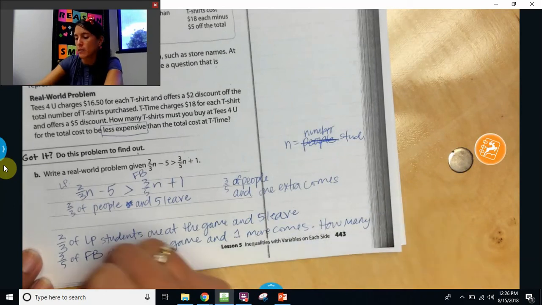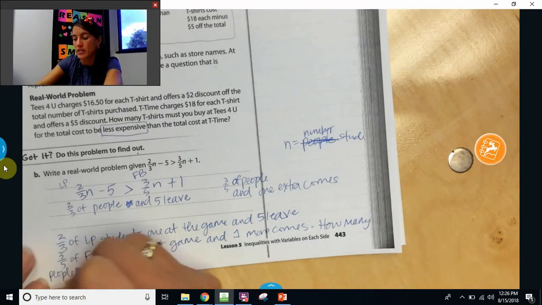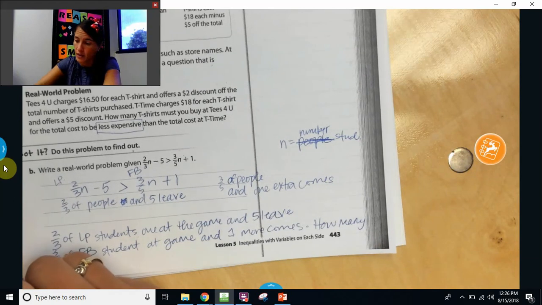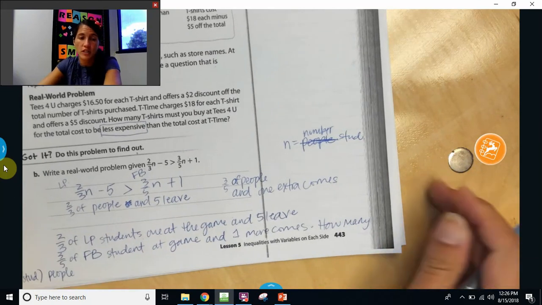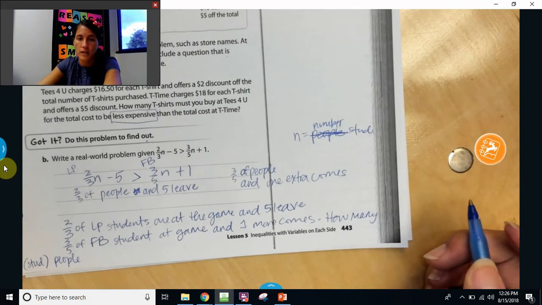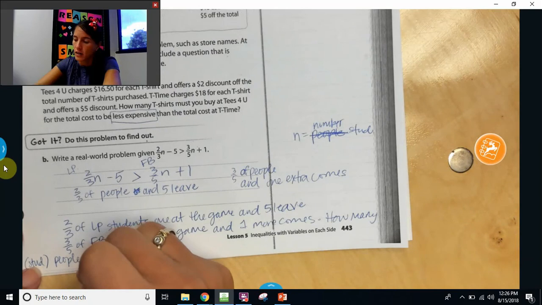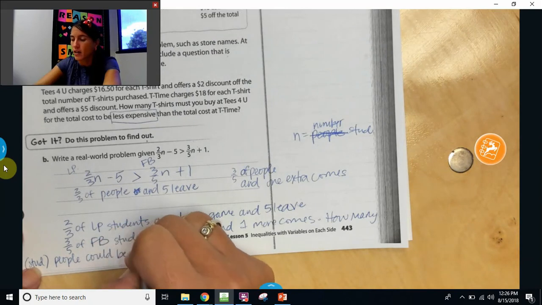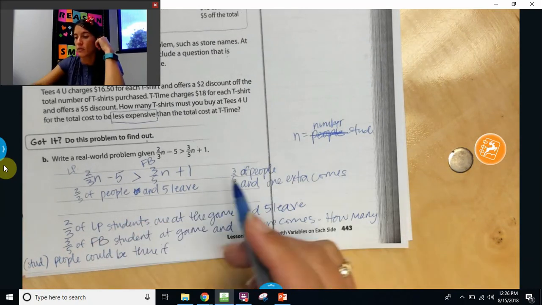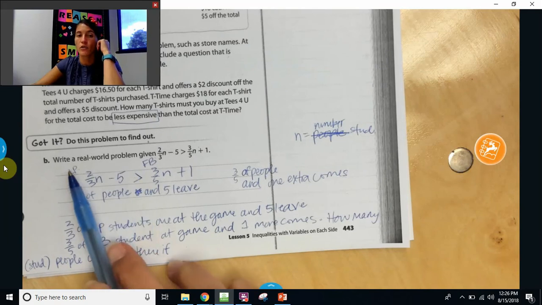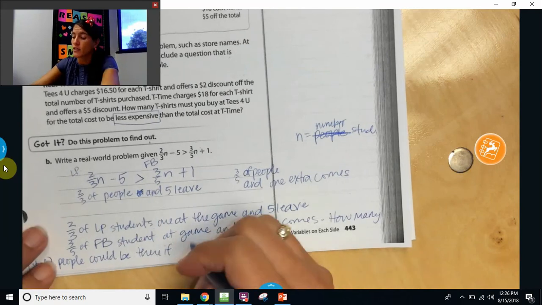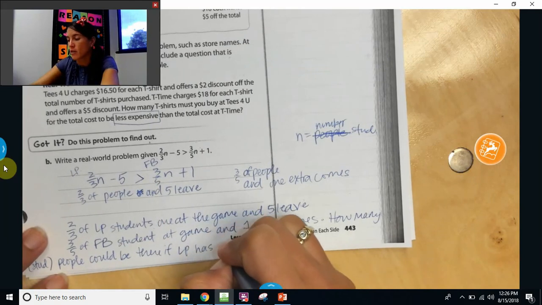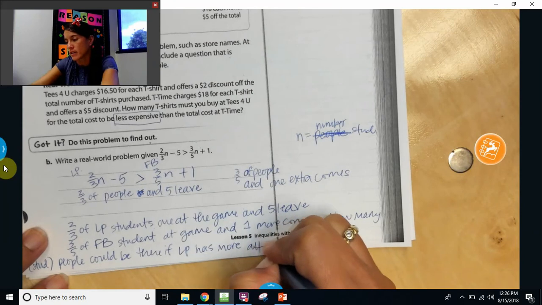How many people, or how many students, could be there if, so greater than, Logos Prep needs to be bigger than, so if Logos Prep has more attendance.